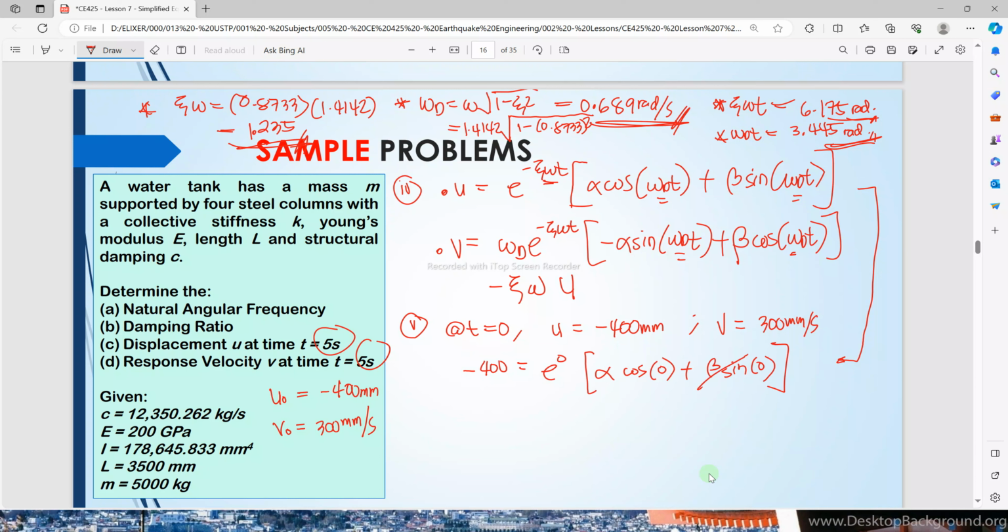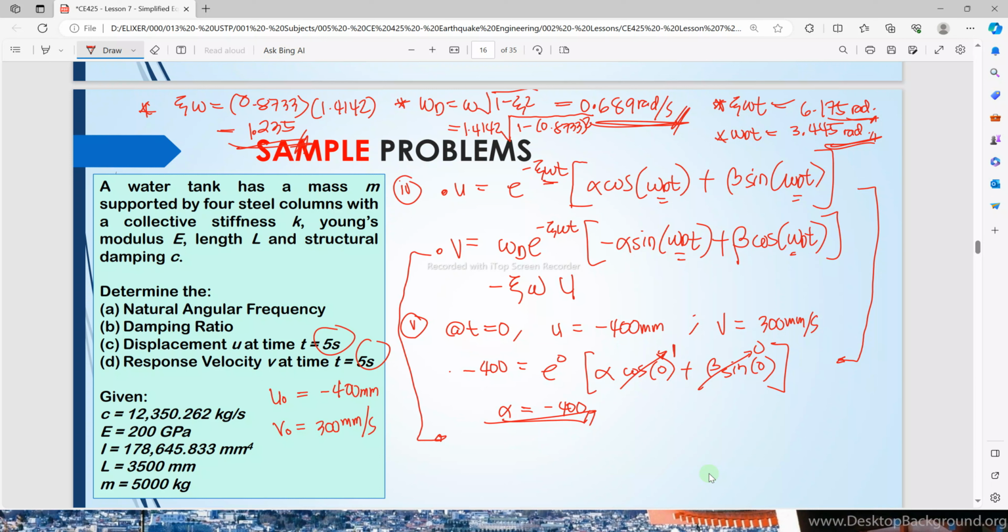Again, our sine 0 is equal to 0 and our cosine 0 is equal to 1. So again, we have our alpha is equal to negative 400. Now we can solve our beta from this equation.